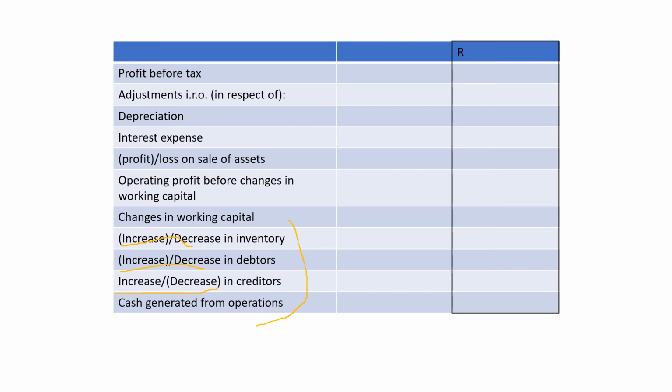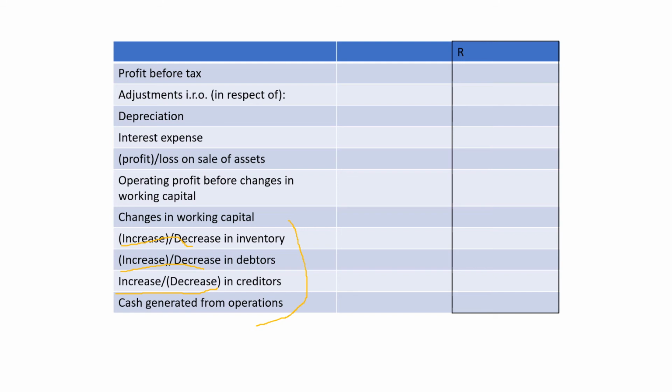It means that you have more inventory, so you took more money out. That is a subtraction. So you have to put the difference between the current year and the previous year in the brackets. What I mean is, you have to say 20,000 current year minus 10,000 previous year. It's 10,000, and then you put it in a bracket. Okay?